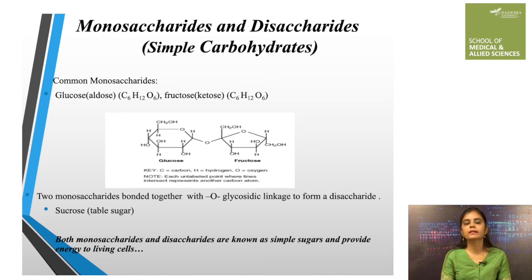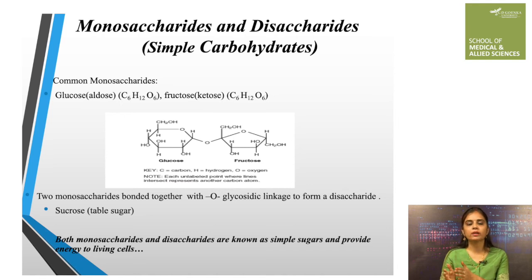In monosaccharides, the simplest examples are glucose or fructose. For disaccharides, you can see we have 1 unit of glucose linked to 1 unit of fructose. Here we name it a heterodisaccharide. If it is the same glucose unit, we'll name it a homodisaccharide. And the linkage between the glucose and the fructose is the O-glycosidic linkage.